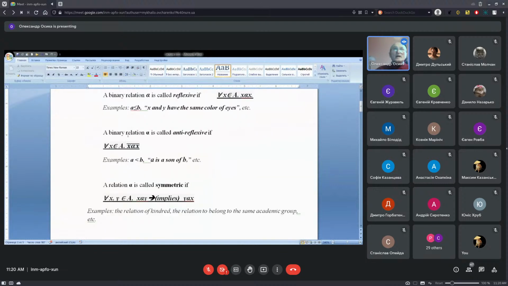A binary relation is called anti-reflexive if for every element x from A, the element is not in this relation to itself.